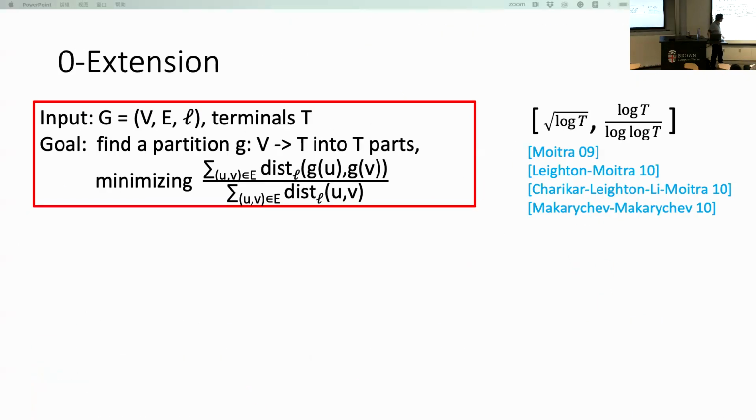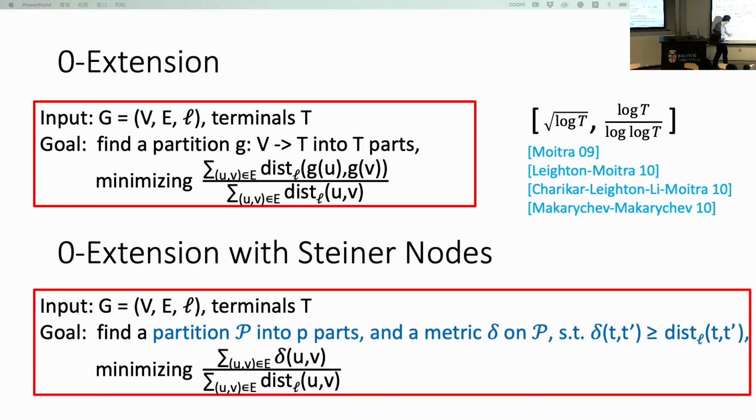When we only allow terminal parts, where each edge is contracted to a terminal edge, the distance is the new edge length, and this is the total new edge length. This is the total old edge length. That's the ratio. It's not essentially saying anything tricky. It's the same thing, but this is the total new edge length and this is the total old edge length. That makes sense.